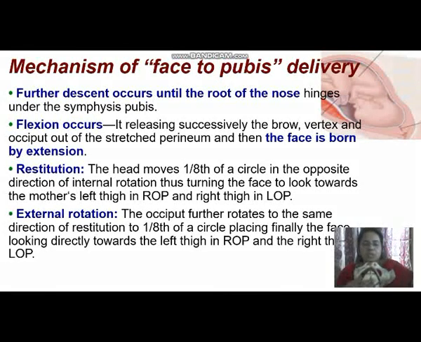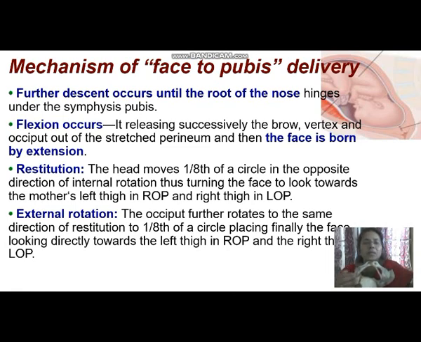Then restitution is the head is moved 1/8 of circle opposite to the direction of internal rotation, thus turning the face looks towards the mother's left thigh in the right occipital posterior and right thigh in left occipital posterior position. Then by the movement of extension, external rotation, the occiput further rotates in the same direction, so that is the same to the right side or the left side, 1/8 of the restitution angle.